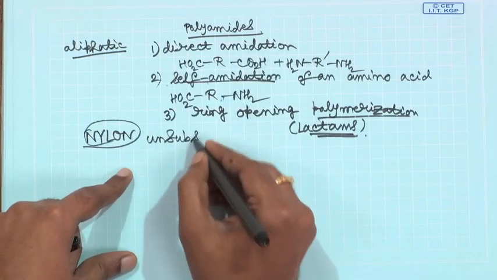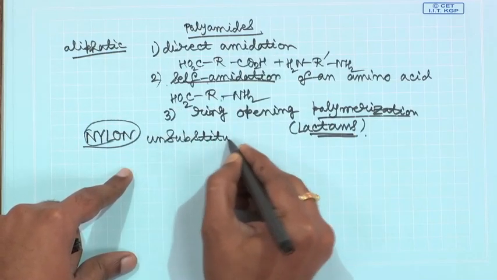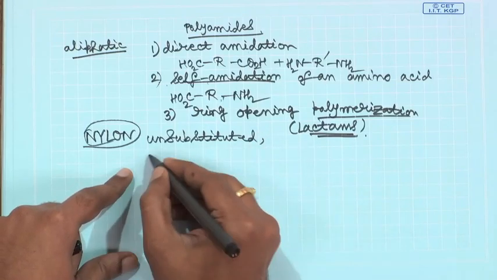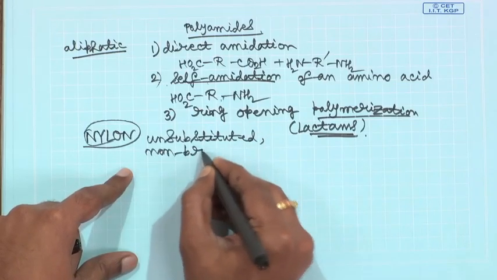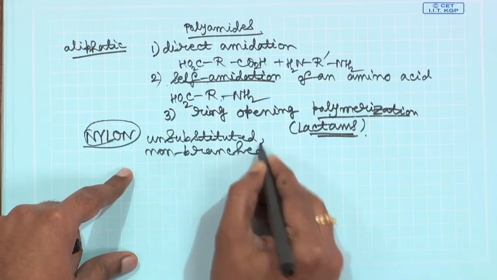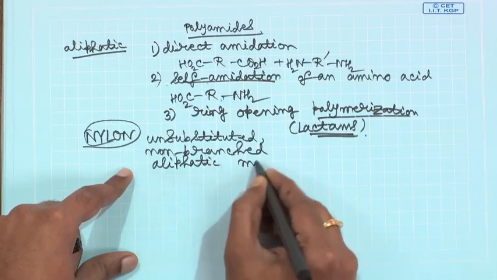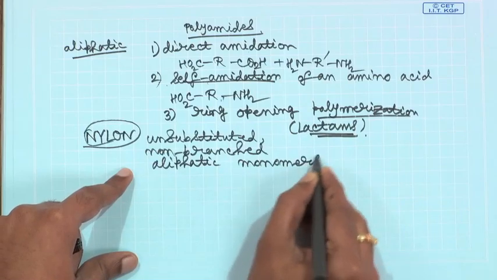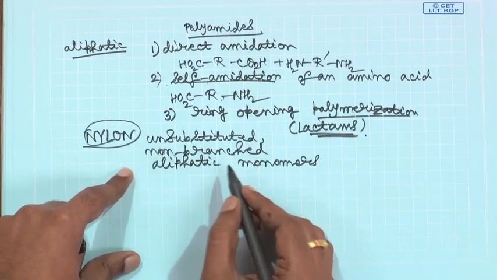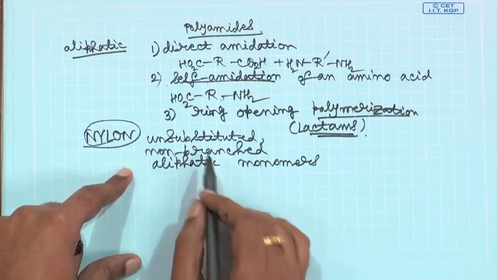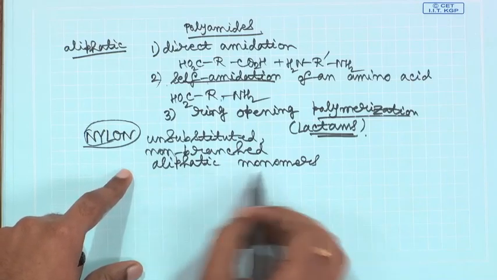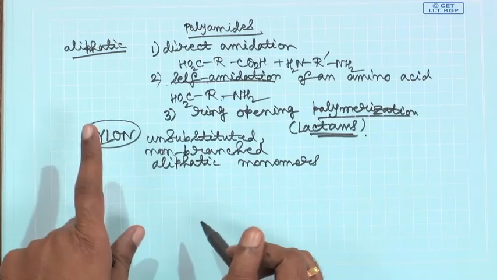Of course, these are polyamides, unsubstituted, non-branched, does not have any branch, aliphatic monomers. So, the polyamides which are based on aromatic monomers are not nylons. Polyamides which are based on aliphatic monomers are called nylons, the trade name.